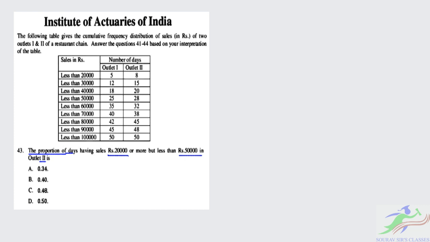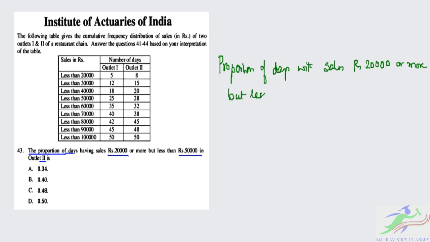So the proportion of days with sales of rupees 20,000 or more but less than rupees 50,000 in outlet 2 is going to be 28, as you can find over here, for less than 50,000.